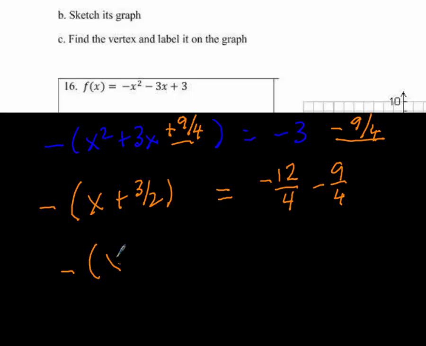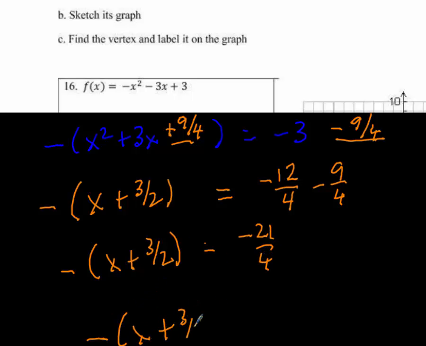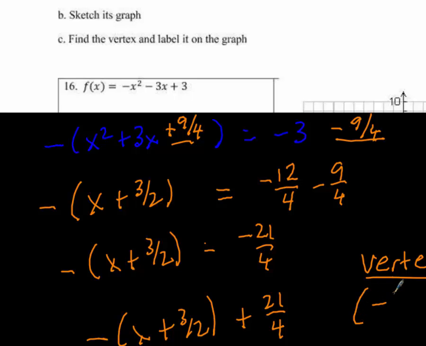So my vertex form then x plus 3 halves, and this would equal negative 21 over 4, and I can move that over, so I get x plus 3 halves plus 21 over 4, and that's our vertex form. All right, so then we know our vertex, the x of our vertex would be negative 3 halves, and the y would be at 21 over 4.